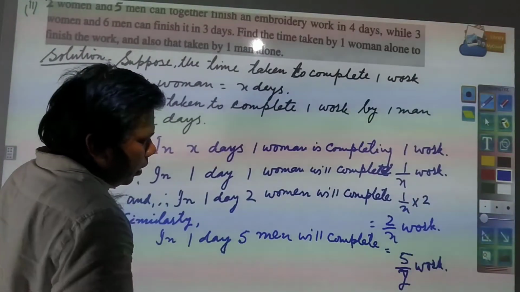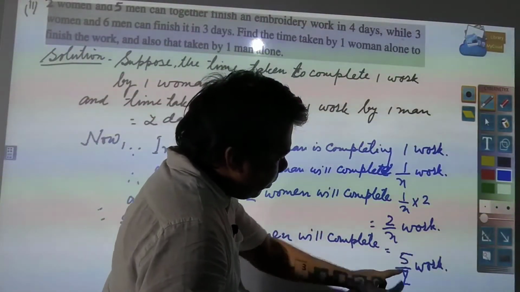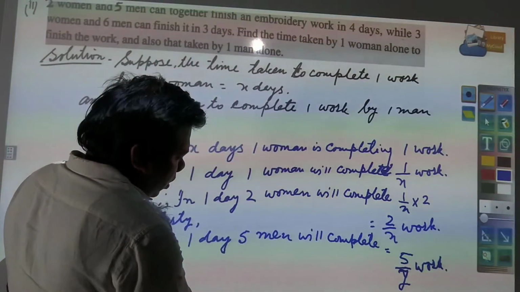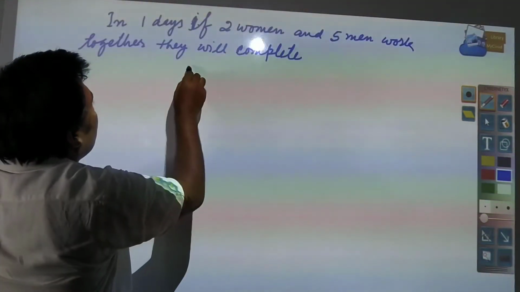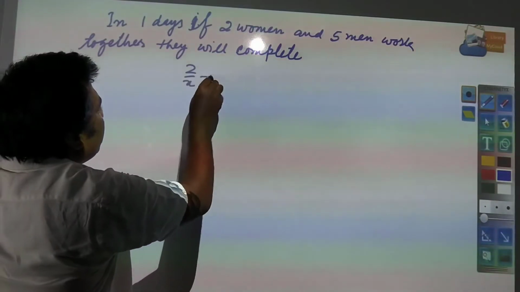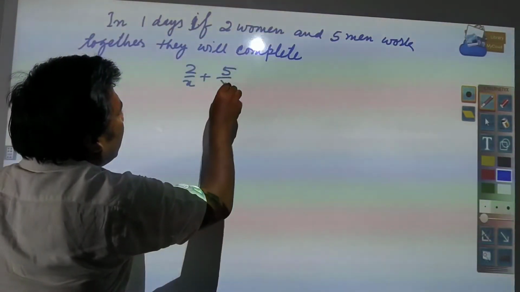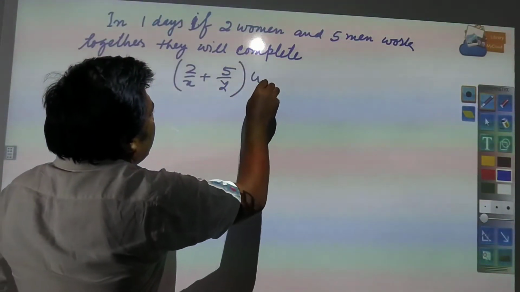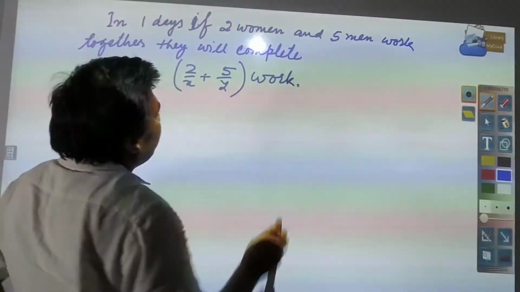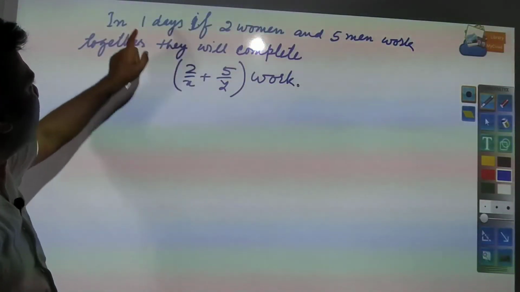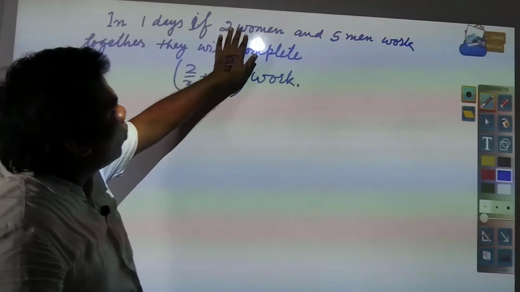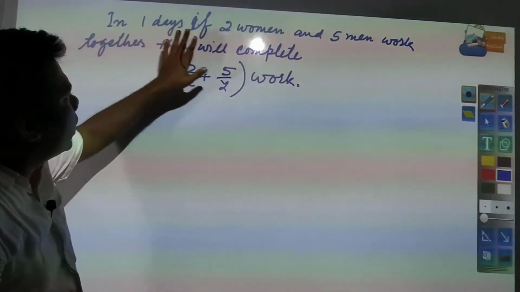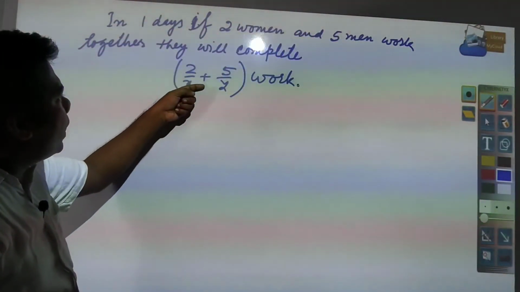Just see, 2 by x plus 5 by y work. This much work they will complete if they are working for one day.